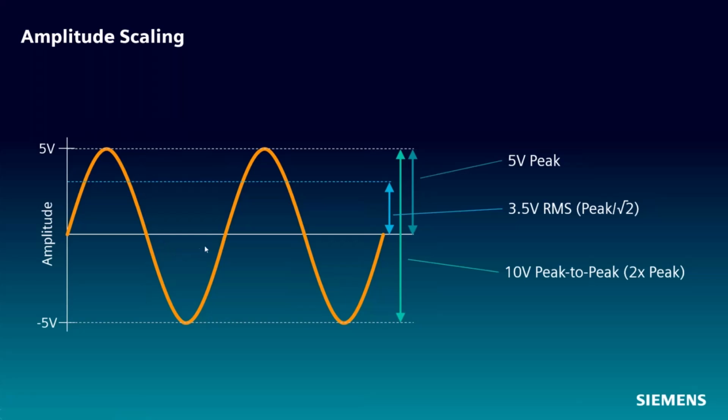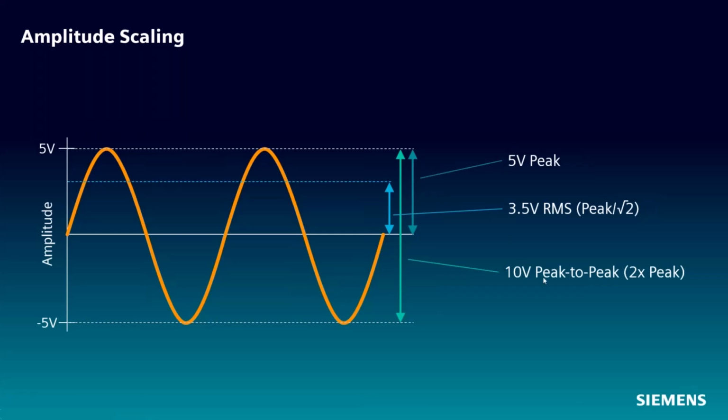What amplitude number you assign to this sine wave very much depends on the scaling that you use. So this sine wave can be described as having a 5-volt peak amplitude, a 3.5-volt RMS amplitude, or a 10-volt peak-to-peak amplitude.